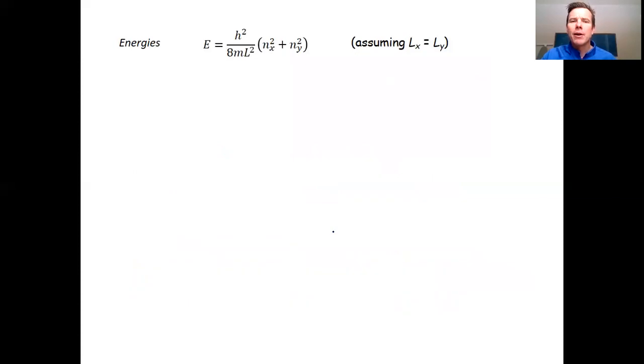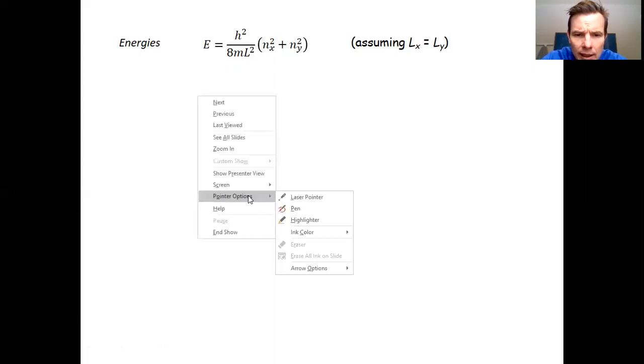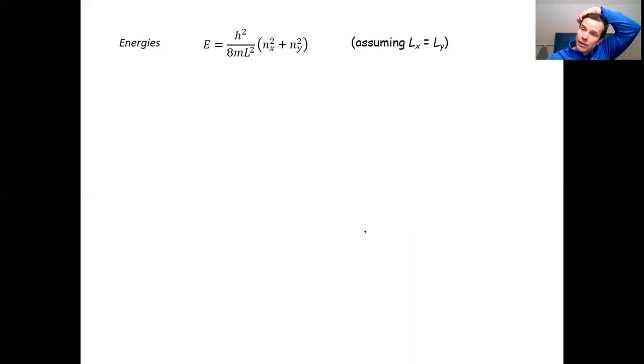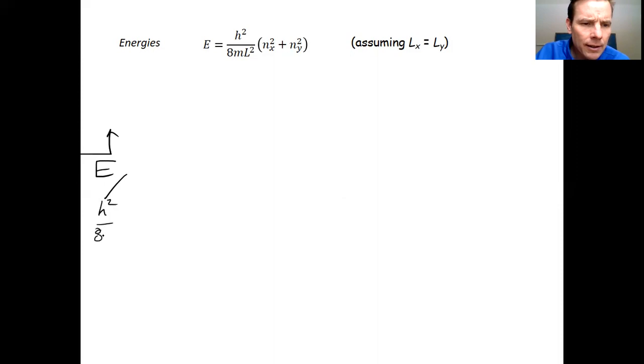The other thing to think about is the energies. And here is our energy equation. I suggested last time that when you derive these energy equations, what you should do is draw an energy level diagram. And so we're going to do that again. For simplicity, I'm going to measure my energy in h squared over 8 m L squared units.